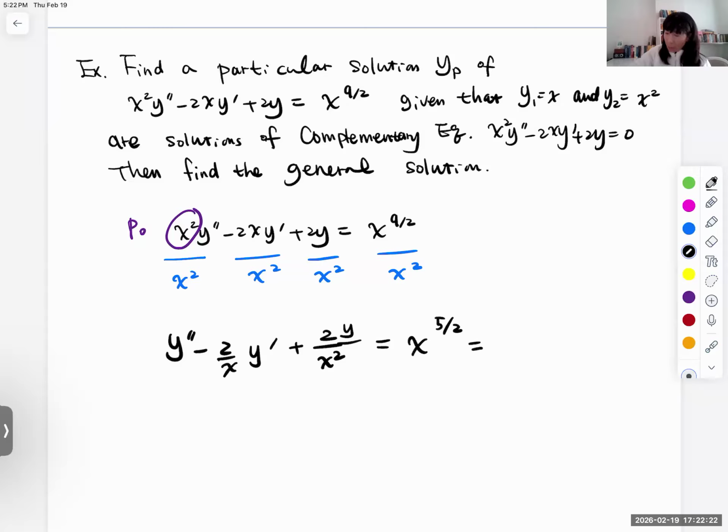So there will be f of x, yeah? Okay. So, no way. Hold on one second. This is f of x, right? And then we divide by x squared, which is p naught, right?